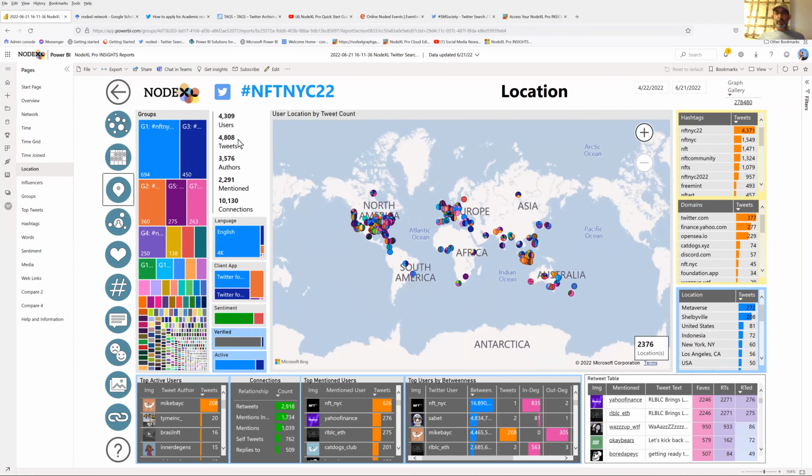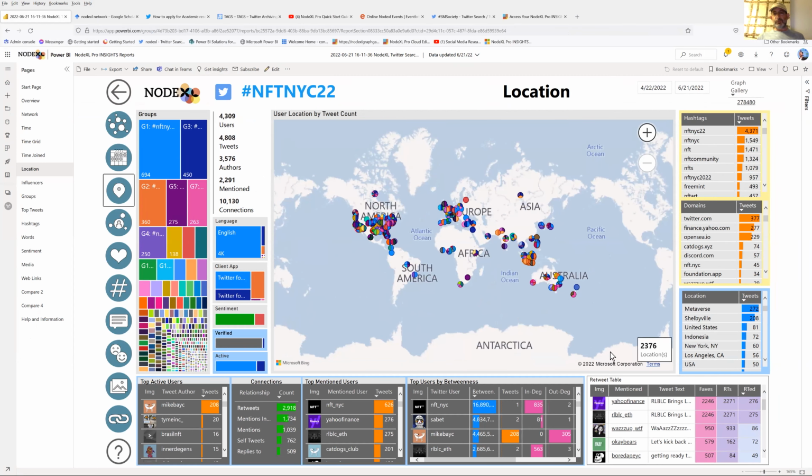Here we've got 4,800 tweets from a conference talking about NFTs in New York, non-fungible tokens. And again, now we're dealing with volumes of content that are just so large that it's impractical for a human being to even attempt to consume it all.